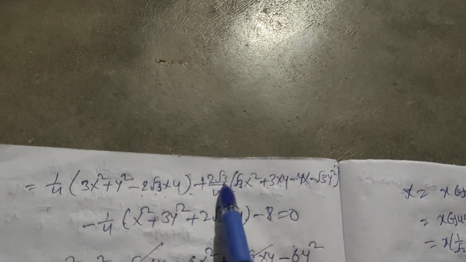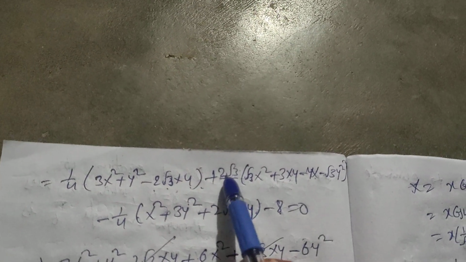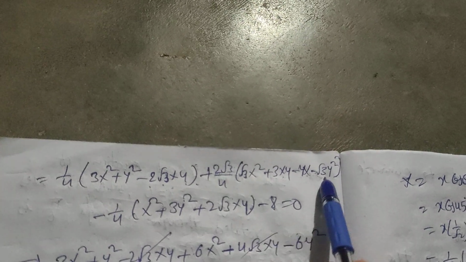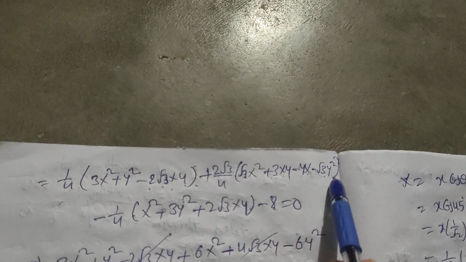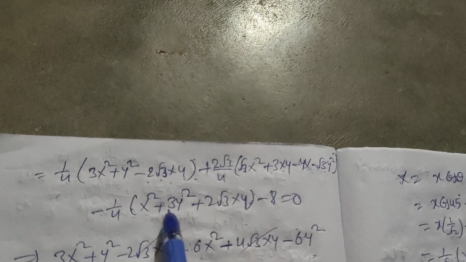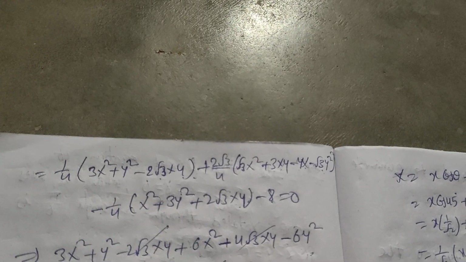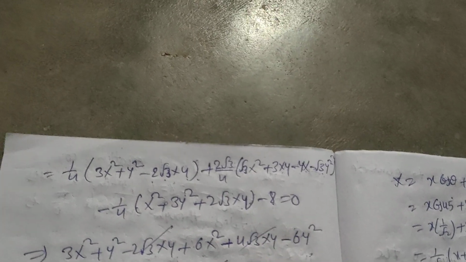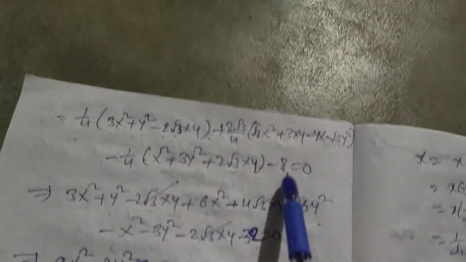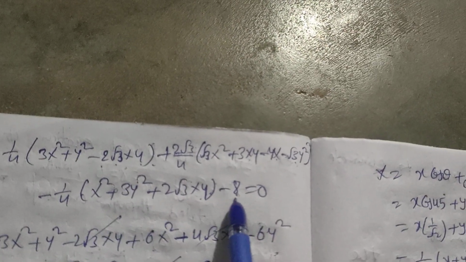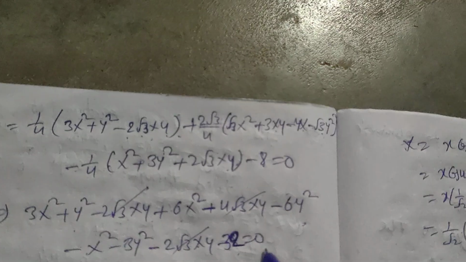So 2xy into 2 root 3, that is 4 root 3 xy, minus 2 into root 3 into root 3, that is 6y square. Minus, multiplying every term inside: minus x square minus 3y square minus 2 root 3 xy, minus 4 eights are 32, because there is no denominator for 8, so just multiply 4 to 8. That means 4 eights are 32 is equal to 0.